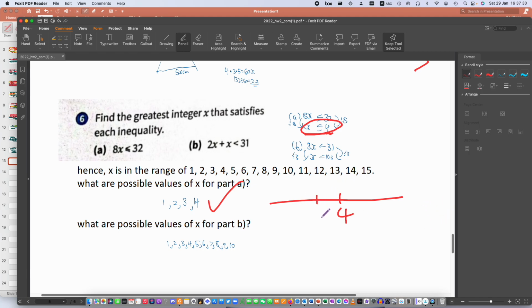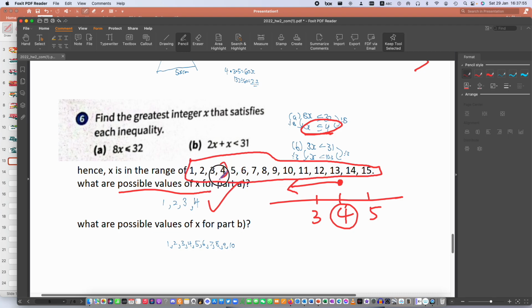What's on the left? 3. On the right? So smaller than 4. So that means solid, because equal to the left. Right? So can you see the greatest number is 4? So the greatest is 4.